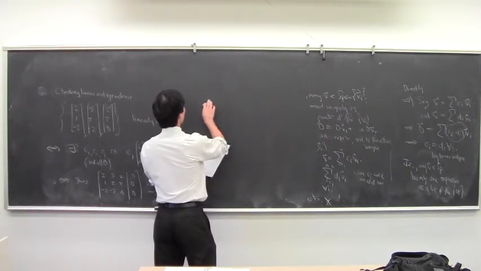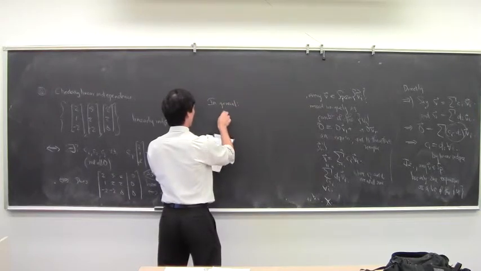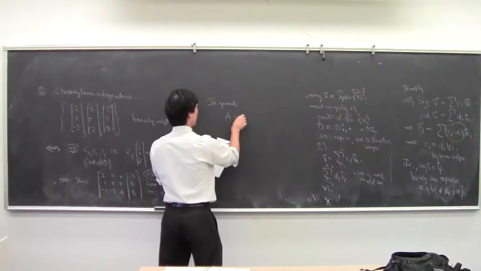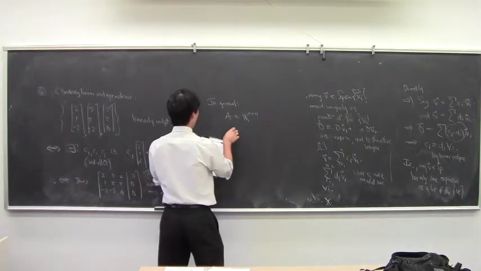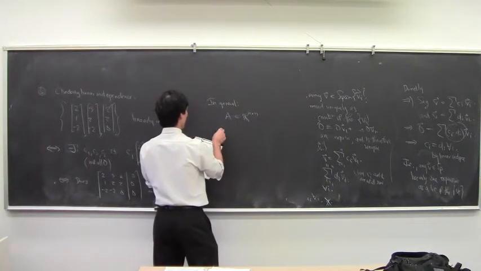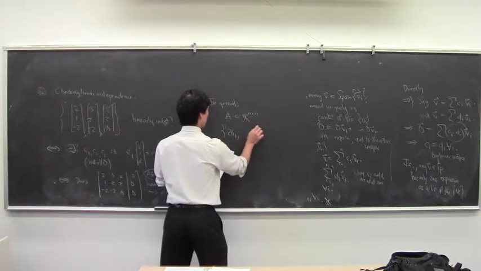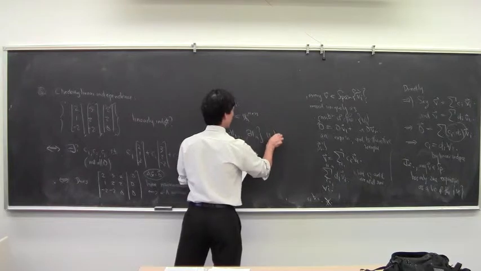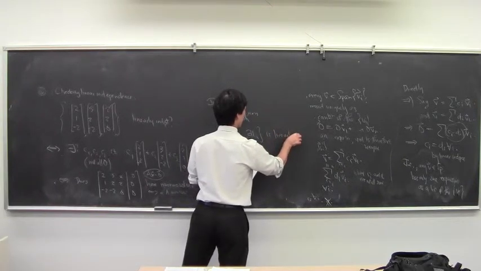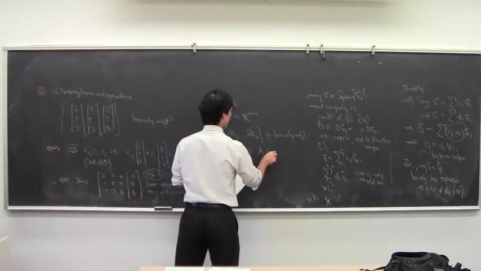So in general, if you have some matrix A, an n by n matrix, then its columns are linearly independent if and only if A is invertible.